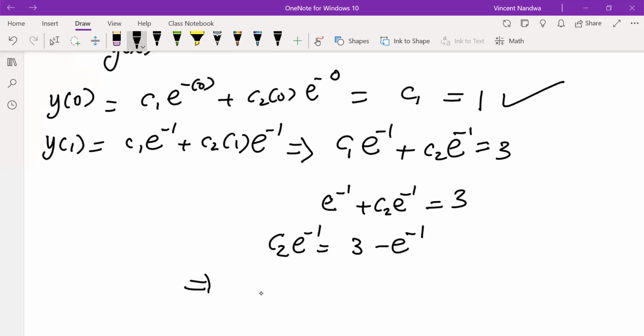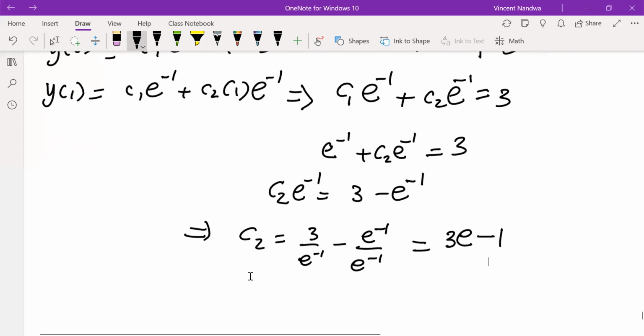And then c2 will be 3 over e^-1 minus e^-1 over e^-1, which is 3e raised to the power positive 1, minus 1. So this is the value of c2.